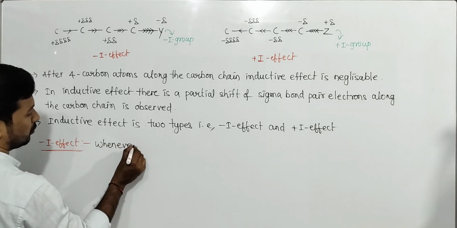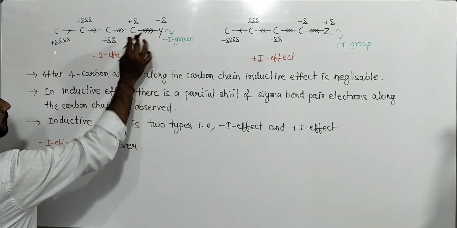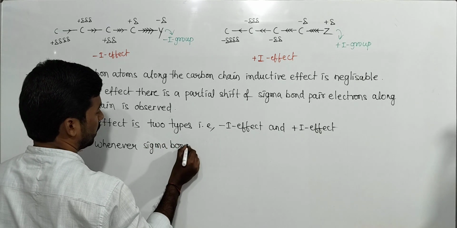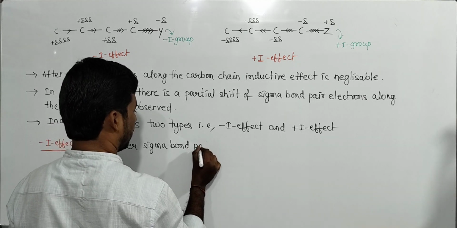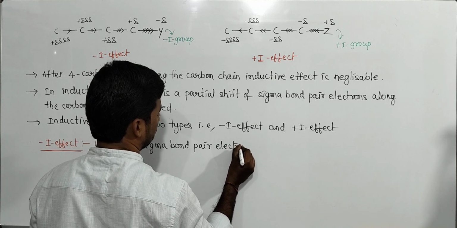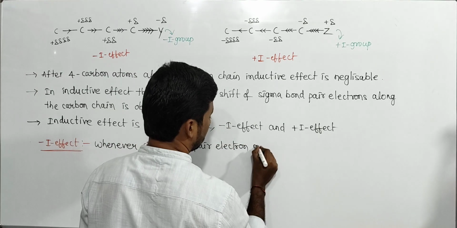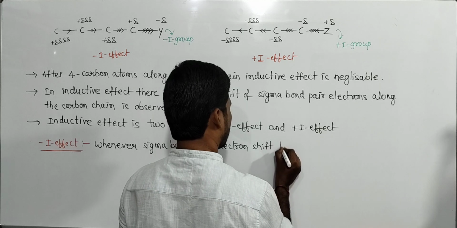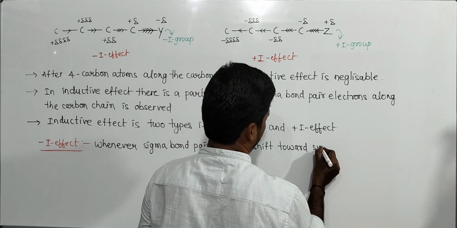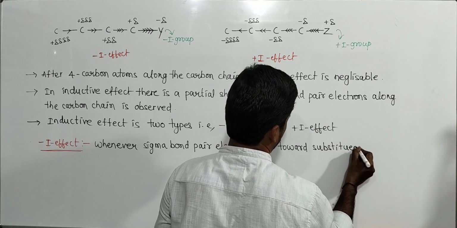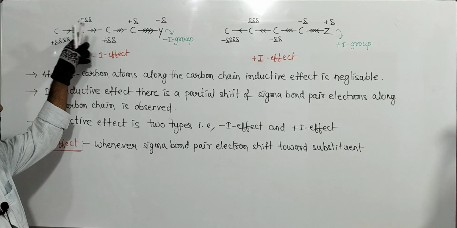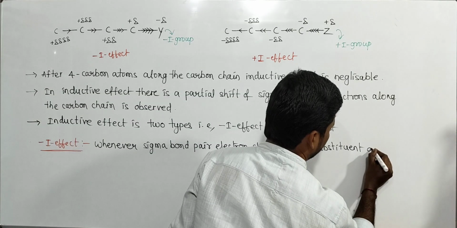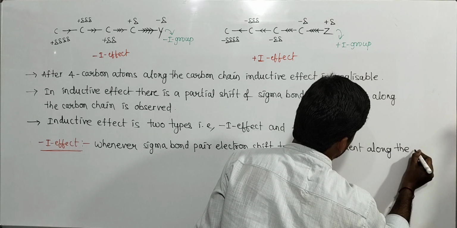Whenever sigma bond pair electrons move towards the substituent, or shift towards the substituent along the carbon chain, all these are sigma bond pair electrons shifting towards the substituent. This phenomenon is observed along the carbon chain.